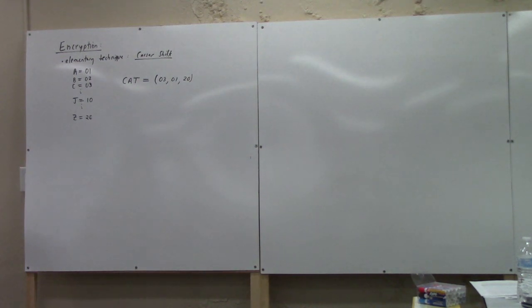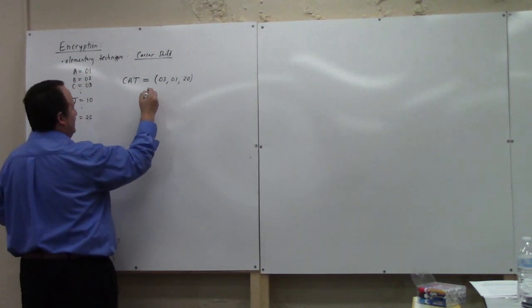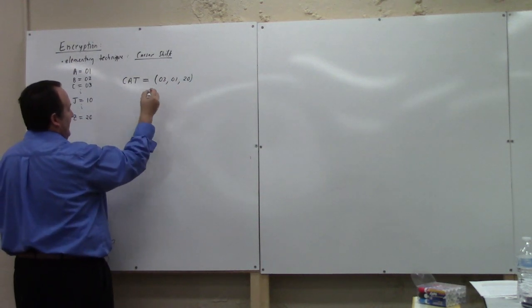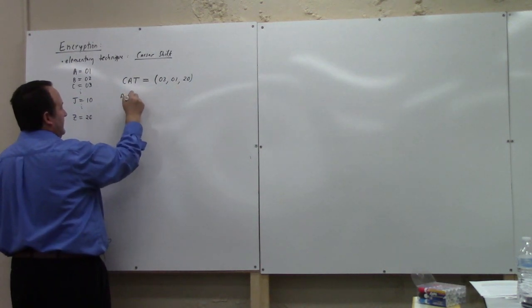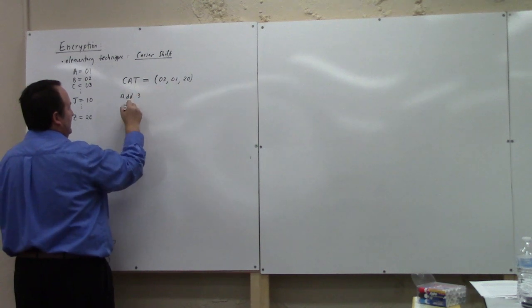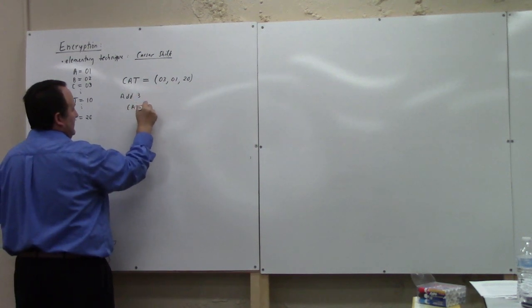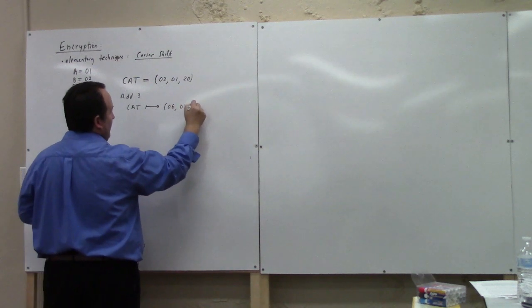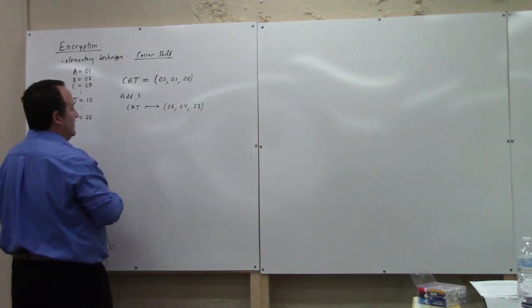The Caesar shift is very rudimentary. It basically just says to add a shift of whatever you want. We could say, add 3, for example. So cat would get encrypted to 06, 04, and 23.